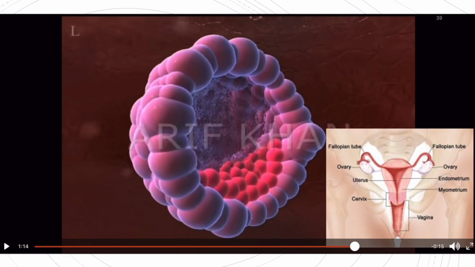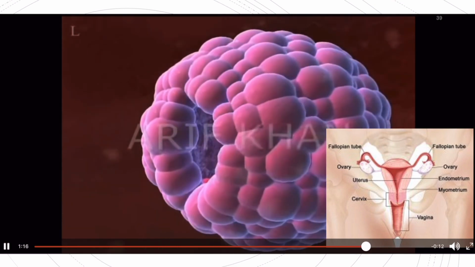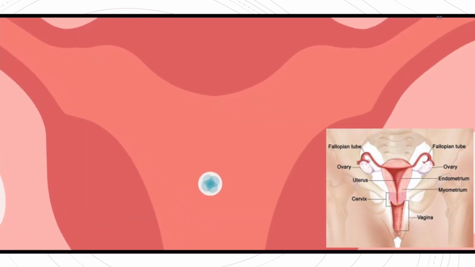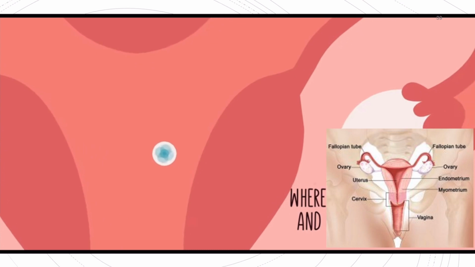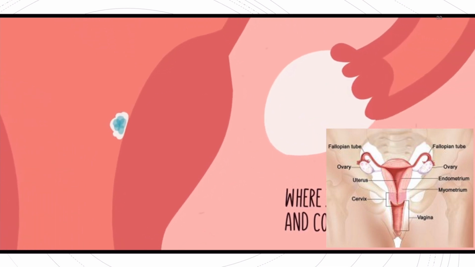And when it has a hollow ball of cells, that is the blastula stage. And then at its blastula stage, when it has reached the endometrium, it will bury itself in the rich, thick endometrium, and that we call implantation.